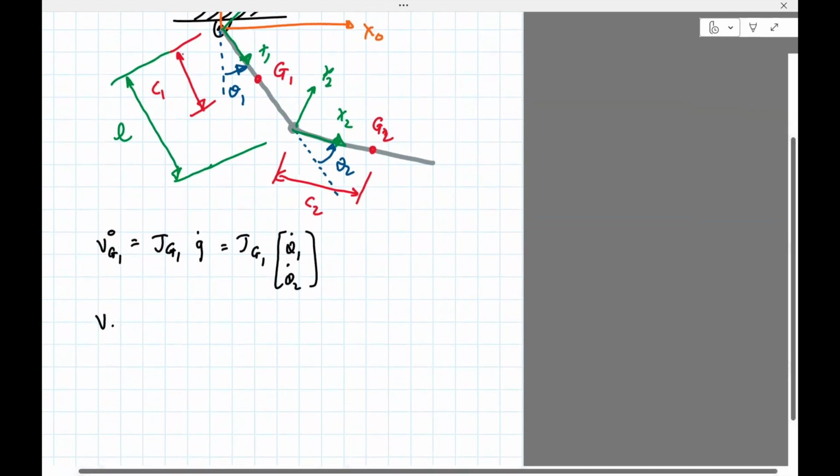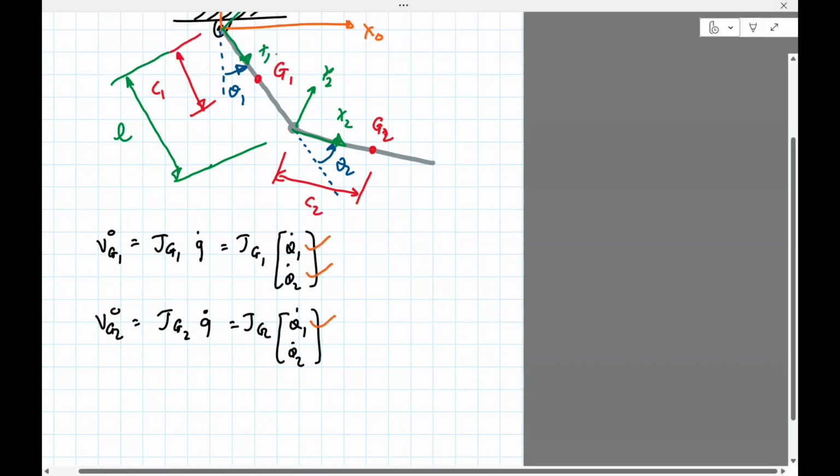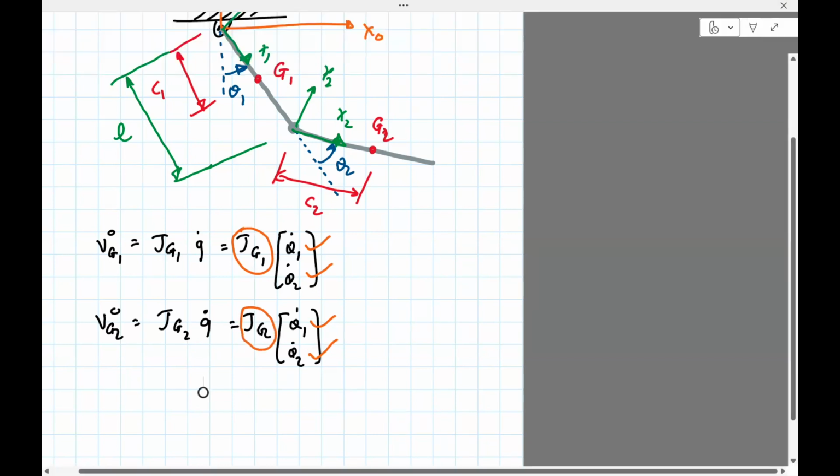And then we need the velocity of g2 in frame 0. That's going to be Jg2 q dot. So Jg2 times theta1 dot, theta2 dot. Okay, so what we already know is these things. These are just given to us, so it's already solved. The only thing which is left to compute is this Jacobian. So let's compute the Jacobian.